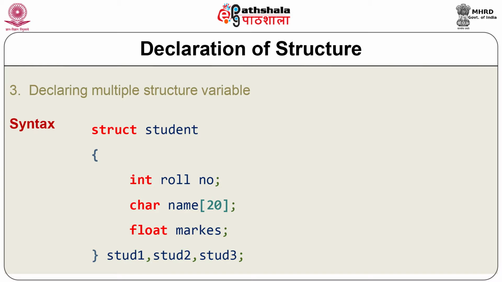Roll number is an integer, name of the student is a character, and marks of the student is a float. Outside the curly bracket, we are using student1, student2 and student3. The information of student1, student2 and student3 can be input in this format.